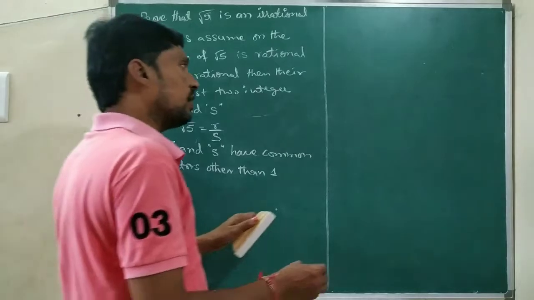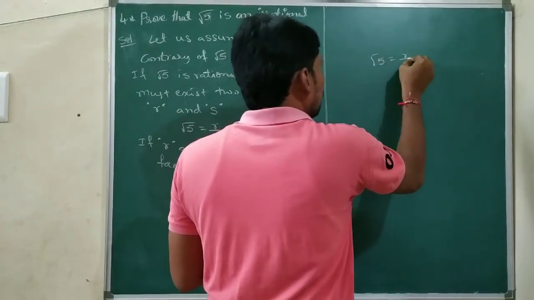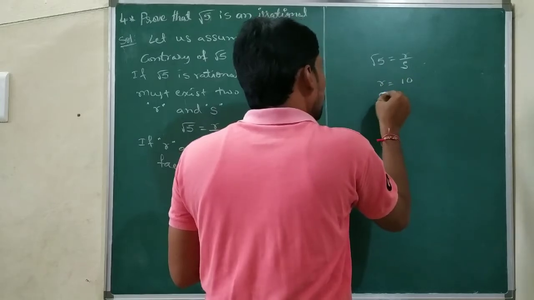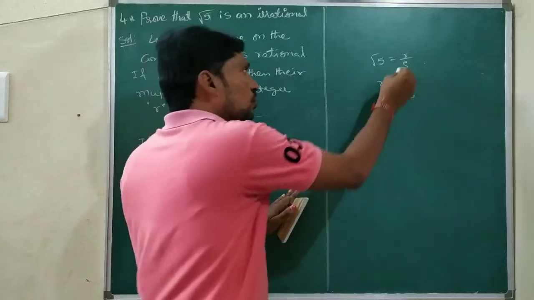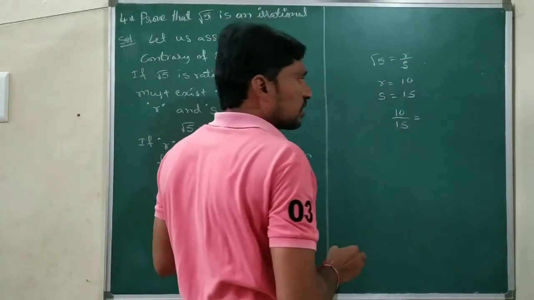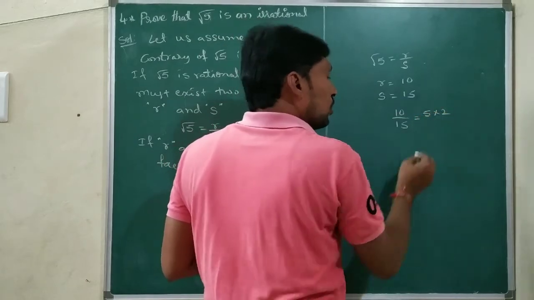For example, root 5 equals R by S. R value I am taking 10, S value I am taking 15. So R by S means 10 by 15. What are the factors of 10? 5 into 2 or 2 into 5.